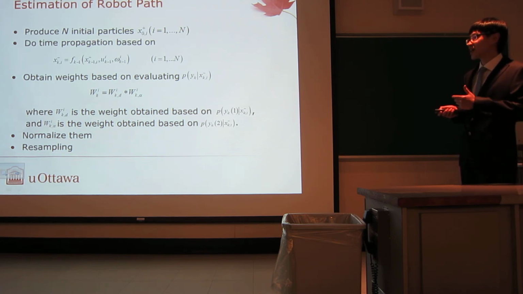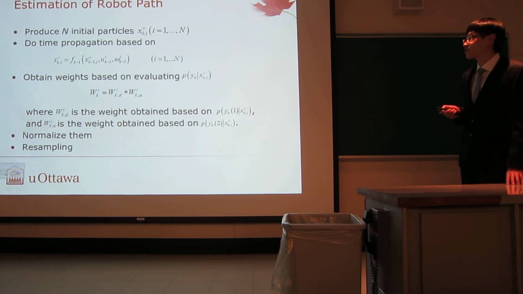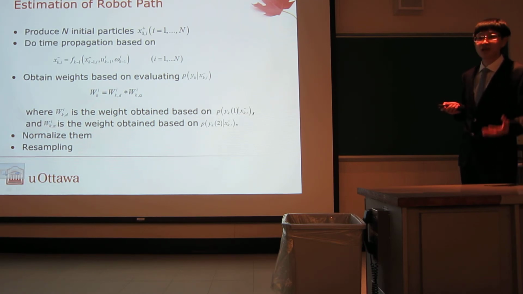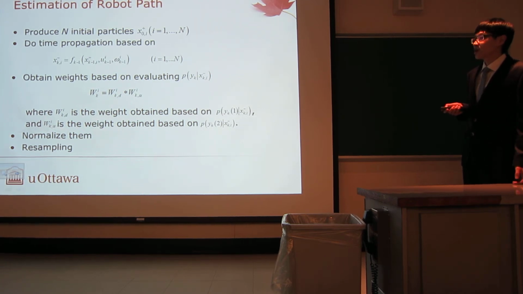It's just like what we have talked about before, how the particle filter works. We first produce some initial posterior particles, and we do time propagation based on the system equation, and we obtain the weights for each particle. Then we normalize and resample them.